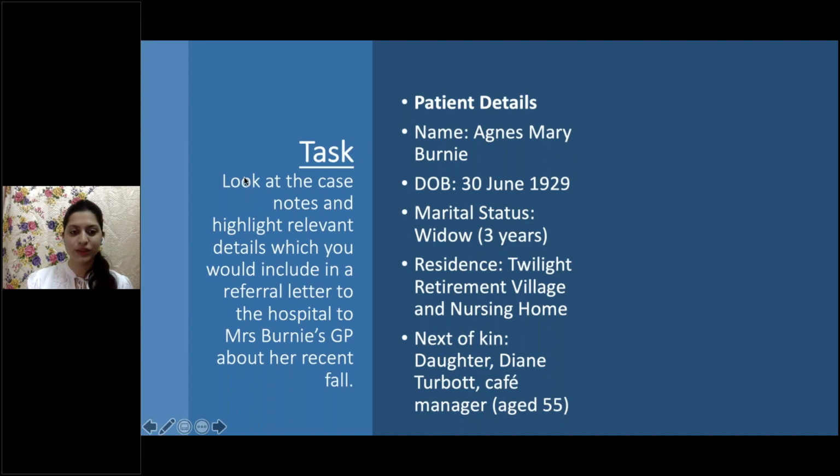Again, I can see a lot of questions, which I will be answering at the end of this session. So the name, date of birth, and residence is important. All right. Anyone else?